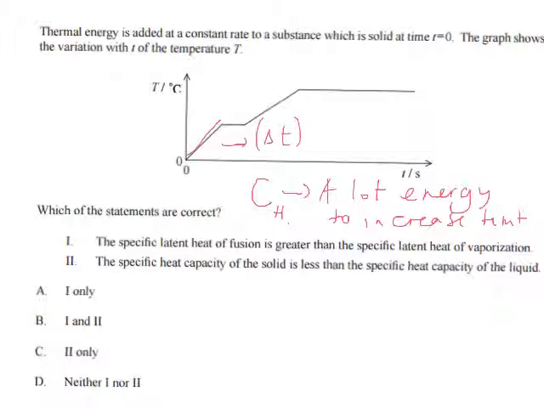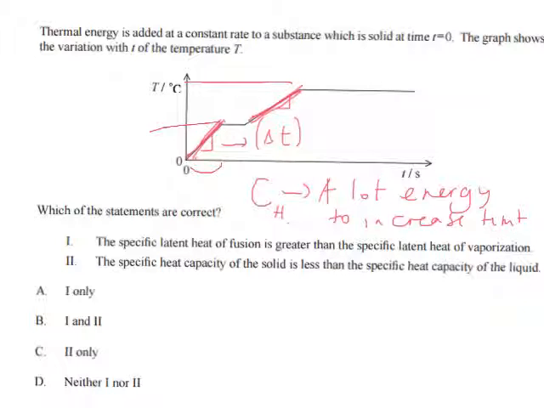So let's have a look at the solid. If we look at the solid compared to the liquid, in order to increase its temperature, it needs more energy than this one. How do we know? Because in order to go up, it needs less time than this one does. This one's going up at a much slower rate.